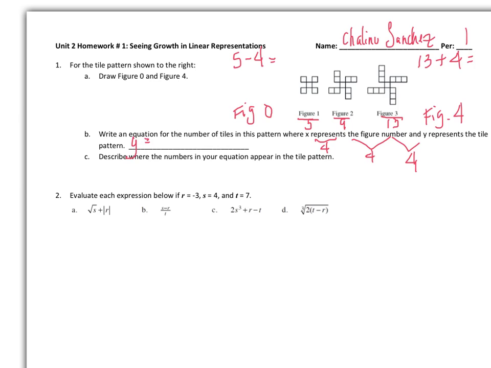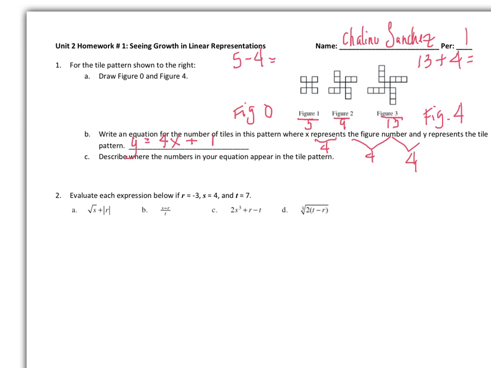So 4x is what I come up with for my slope figure. And we established that in figure 0, which will give me my b term, I'm going to have 5 minus 4 tiles, which I already know is 1. So there is my formula.